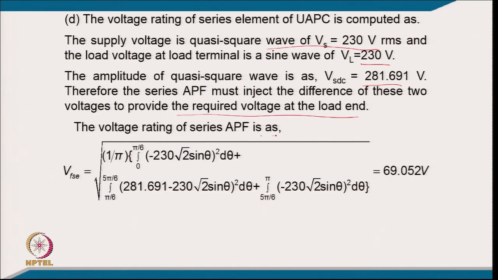So, the voltage rating of the series active filter is typically 2 upon 2 pi with half wave symmetry. Initially, when it is a quasi square wave, you have 0 voltage from the inverter, but the load voltage is this much, so that is the square term; in the second segment you have a DC voltage of quasi square wave minus the sine wave square, and then again 0 voltage for 30 degrees of the quasi square wave.